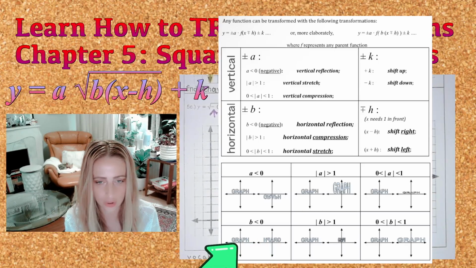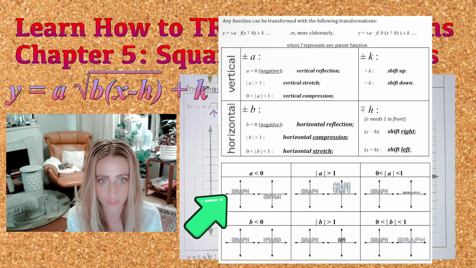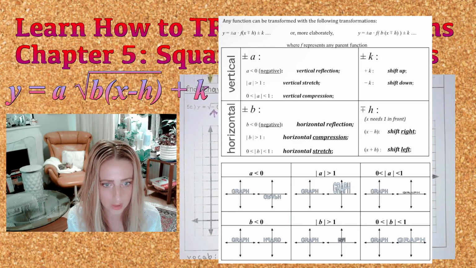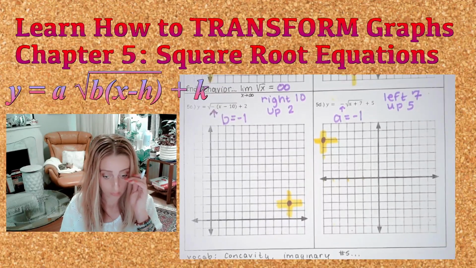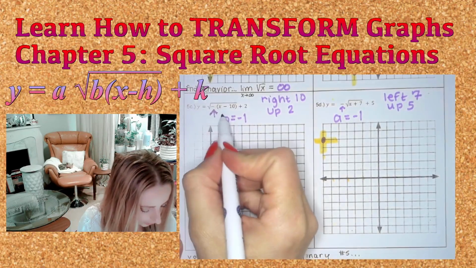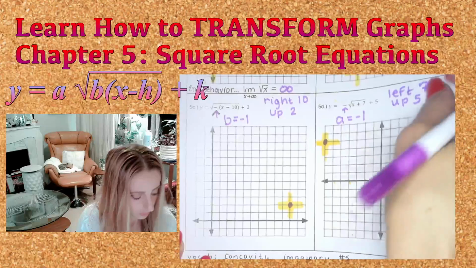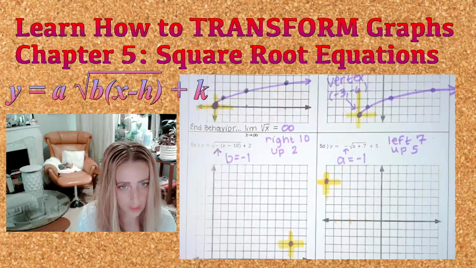Sorry if you hear the sirens outside. So there you go. All right. So each of these graphs is going to be ever so slightly different. So here, this would go from the original shape as it was right here, and it's going to reflect that way.